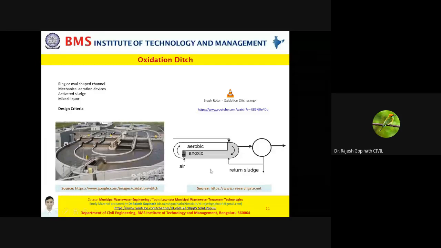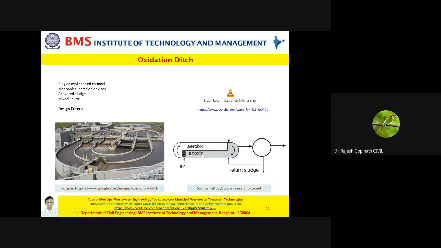Sometimes you can have a complete aerobic system, wherein you've got aerators on both the sides. Or depending on the need, depending on the characteristics, sometimes only one wing or one leg of your oxidation ditch will be in aerobic state. The other would be in anaerobic condition.